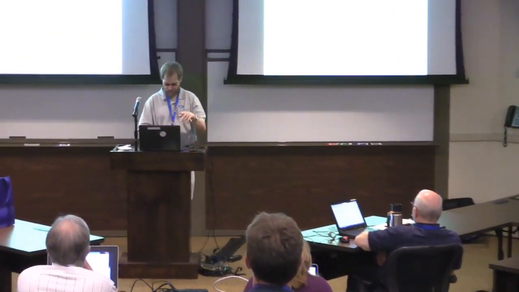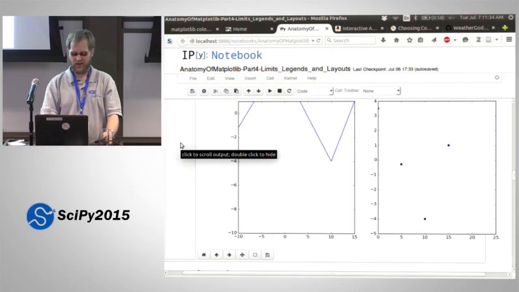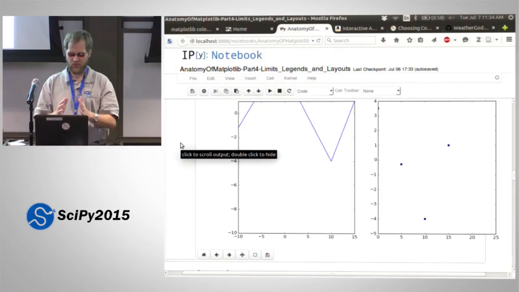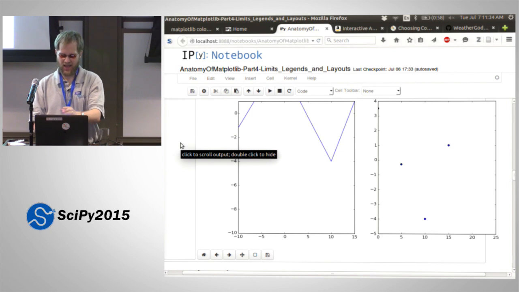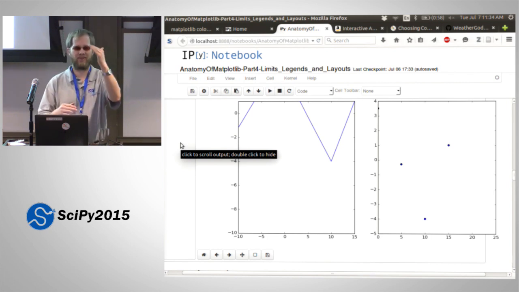Another feature not shown here in the notebook, but do we have any meteorologists in here? I'm a meteorologist, so in meteorology, we tend to work in pressure units for vertical coordinates. So 1,000 millibars at the surface, and then pressure goes to 0 at the top. Well, there's no reason why your y coordinates have to go in ascending order.